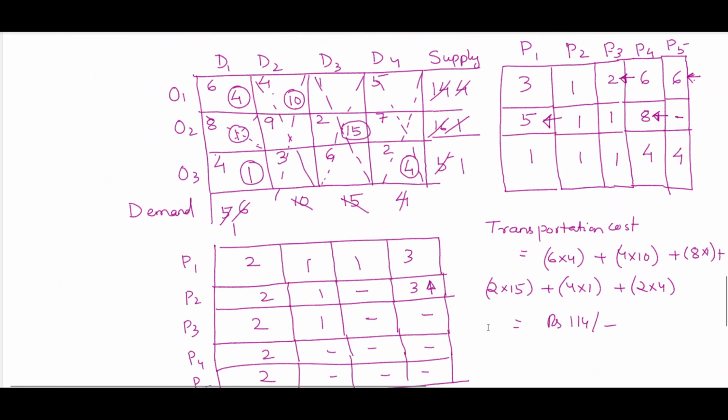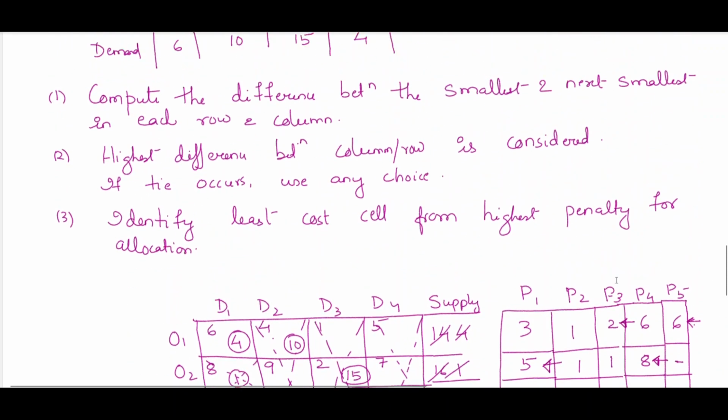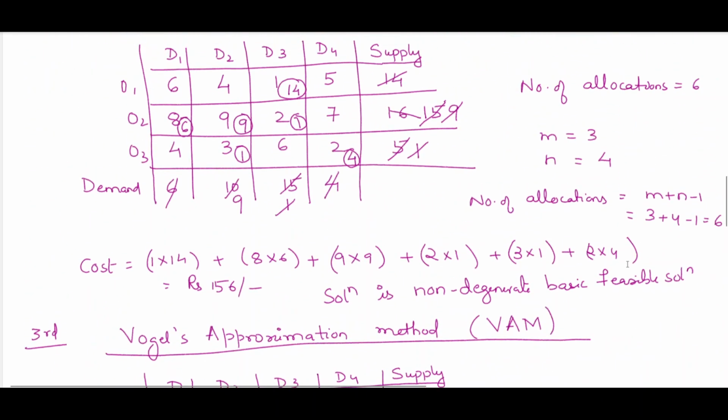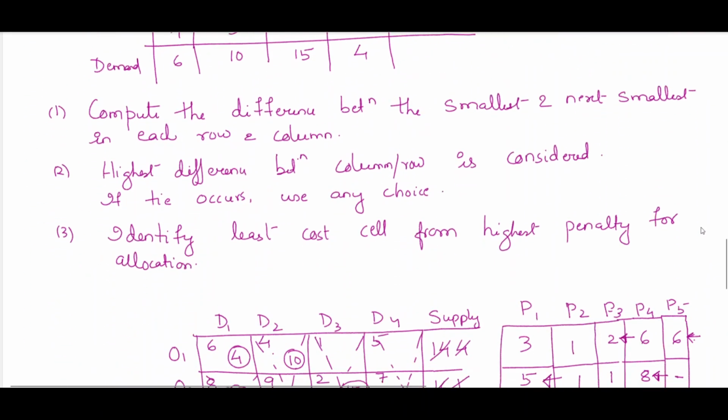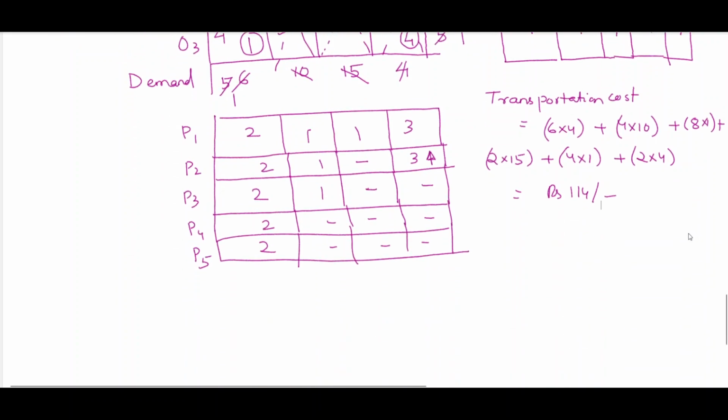Here also the solution is a non-degenerate basic feasible solution, because the number of allocations is 6 cells: 1, 2, 3, 4, 5, 6, and m plus n minus 1 is equal to 6. So this completes our transportation problem, and it's very easy to work out.